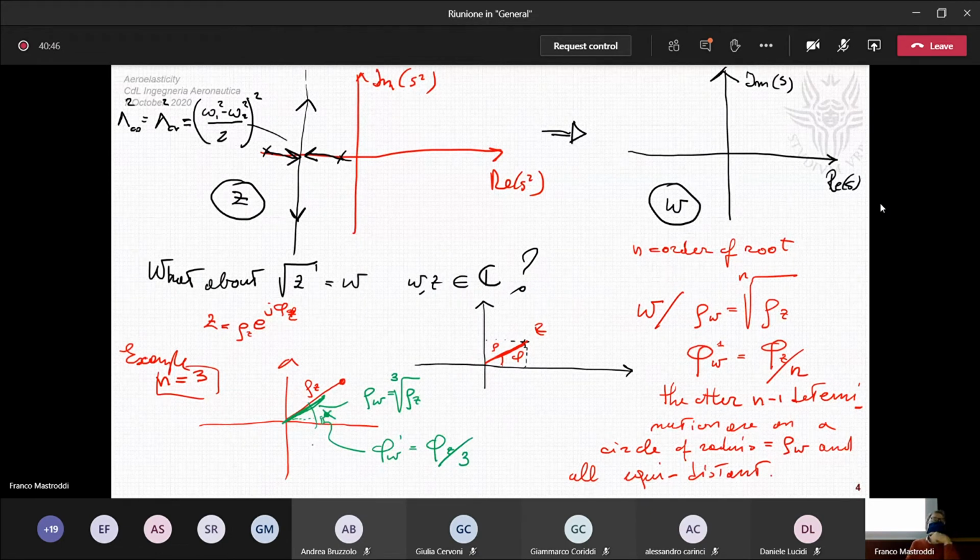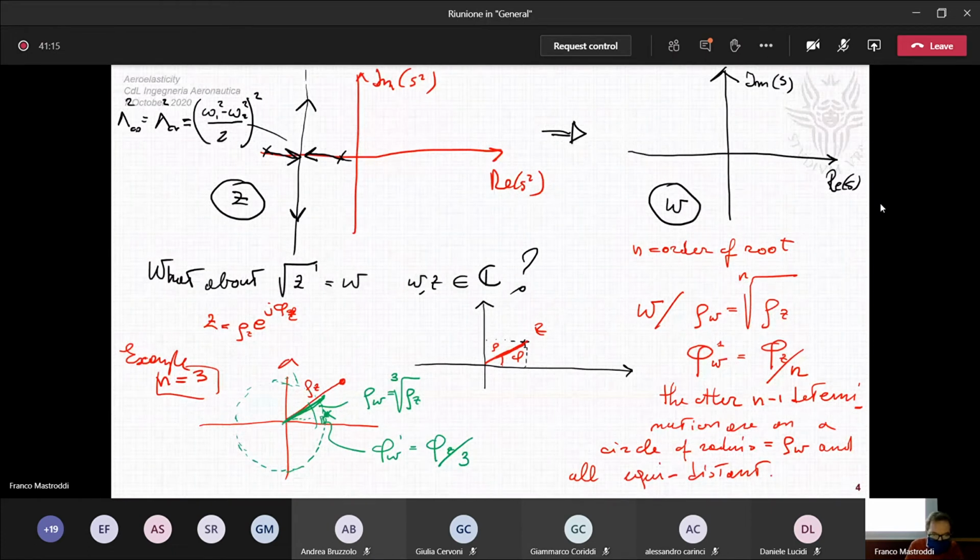And what about the other two? The other two are in this circle. Consider this circle. Let me draw this figure better. So in this circle, you have this as the first.